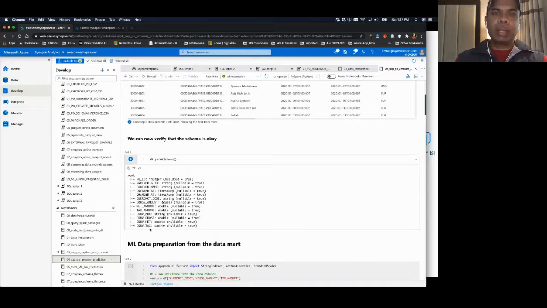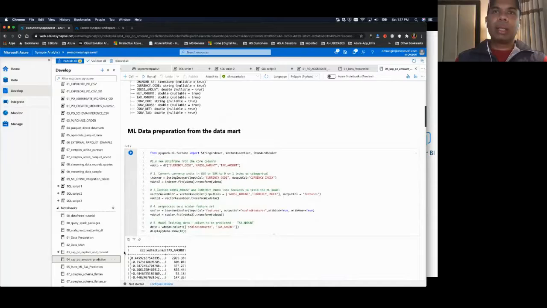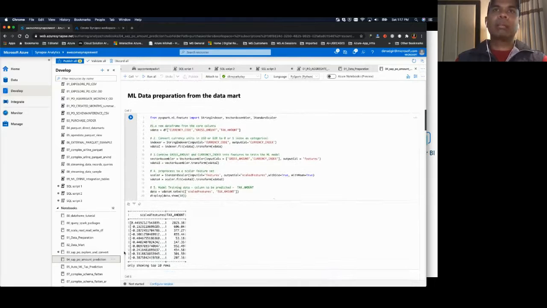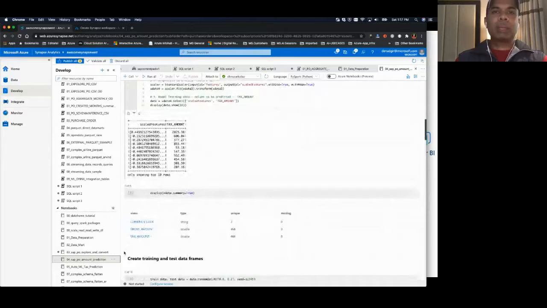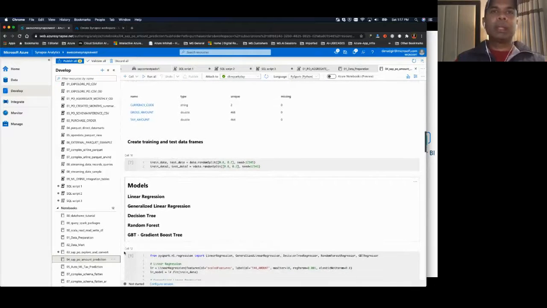Now, if you're a data scientist, you probably know what I'm talking about. But think of it as a very simple connotation of really preparing your data, cleaning your data, and applying a set of algorithms. Now, I'm going to skip some parts of the data prep, but then you can apply different models here, right?